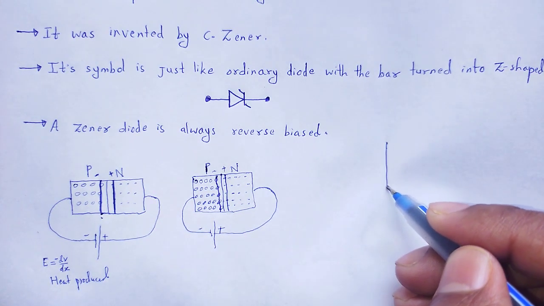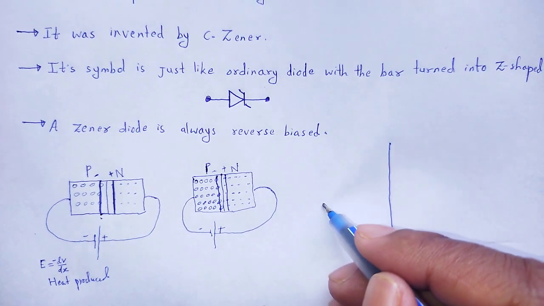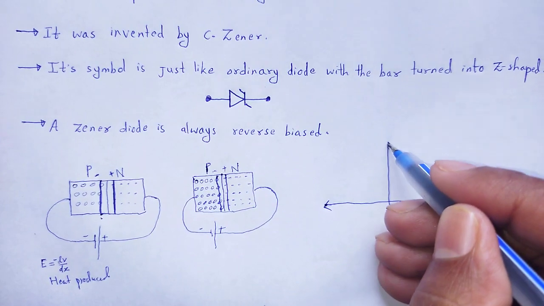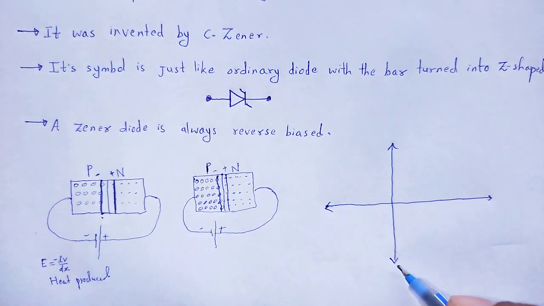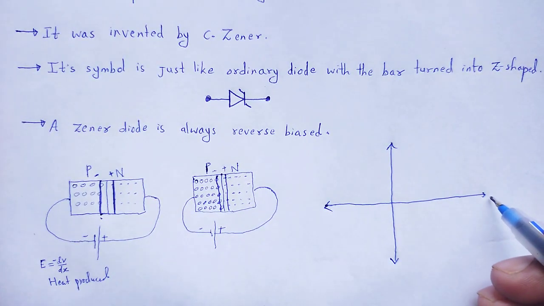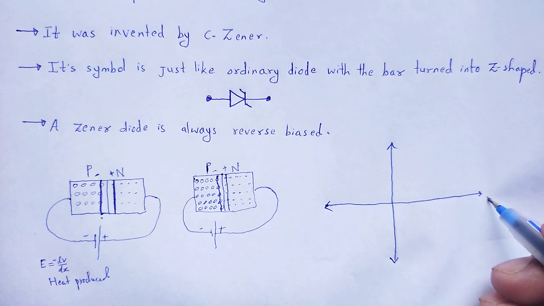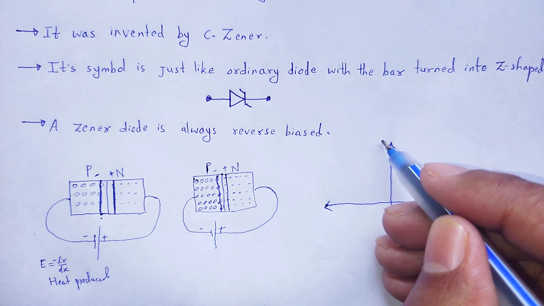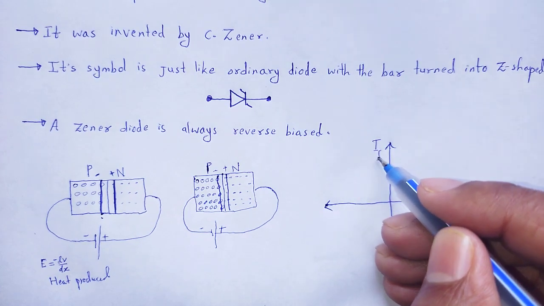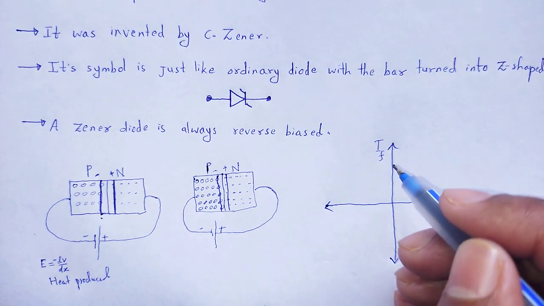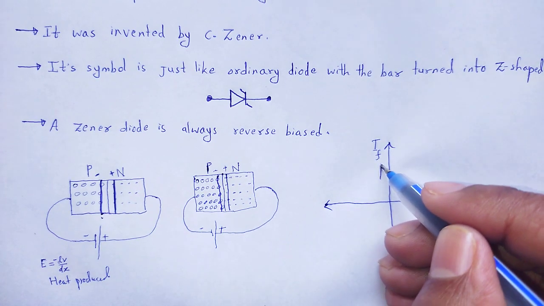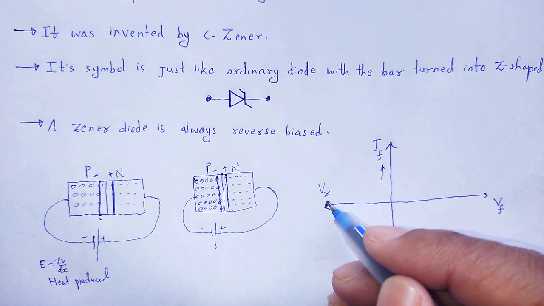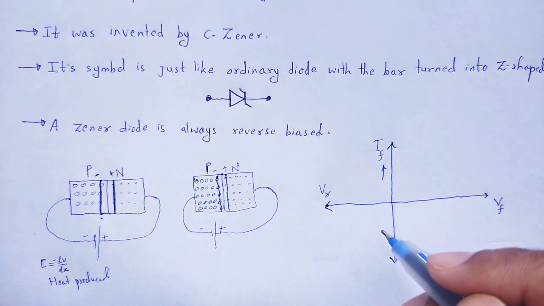In this situation we obtain this graph: this is the voltage and current, the forward voltage, forward current, reverse voltage, the reverse current.